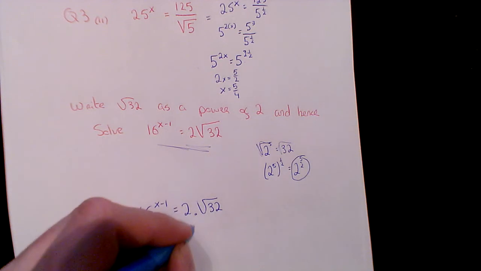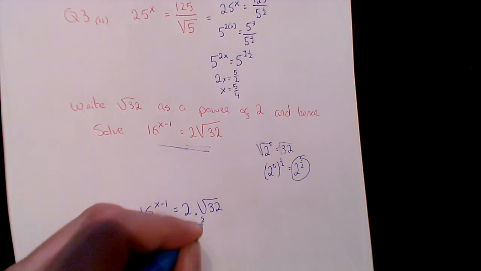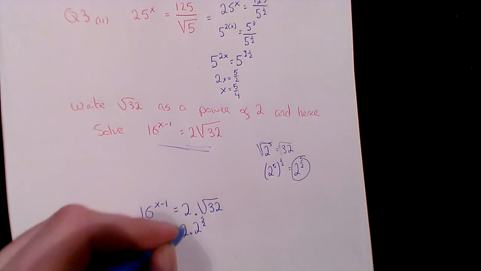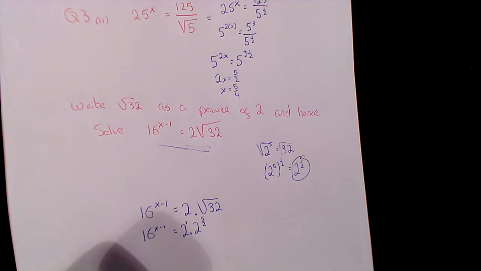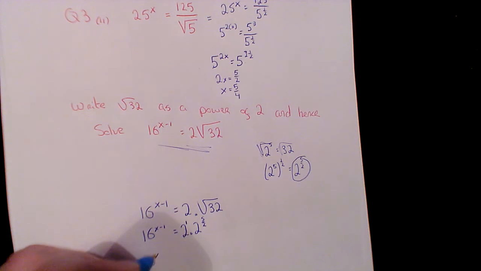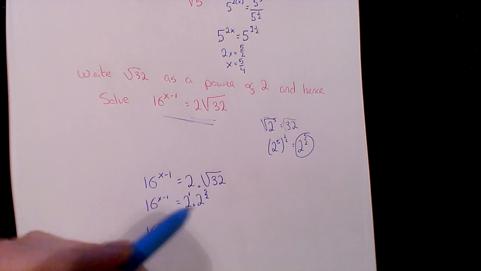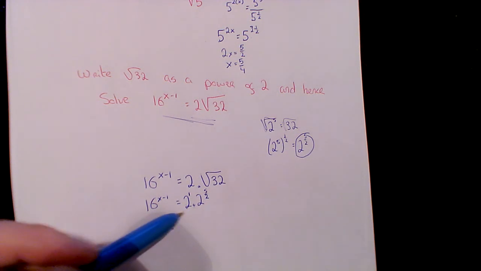It's 2 multiplied by 2 to the power of 5 over 2. I want to change this to indices: 2 is the same as 2 to the power of 1. So 16 to the power of x minus 1 equals 2 to the power of 1 multiplied by 2 to the power of 5 over 2.